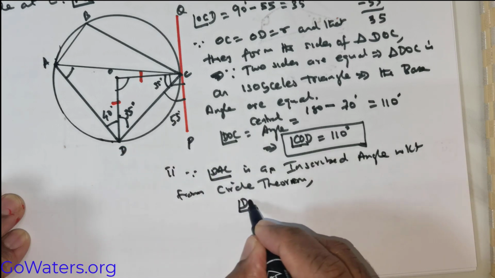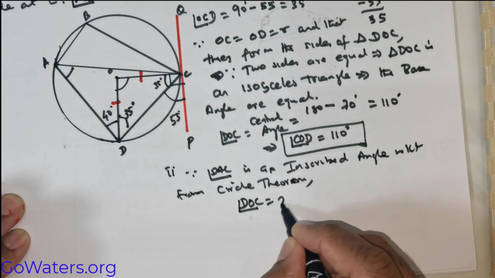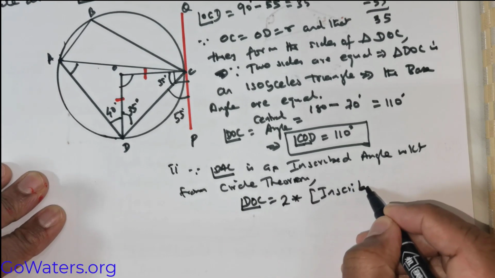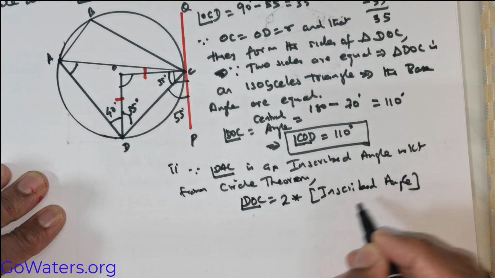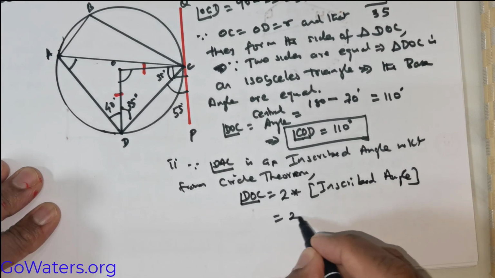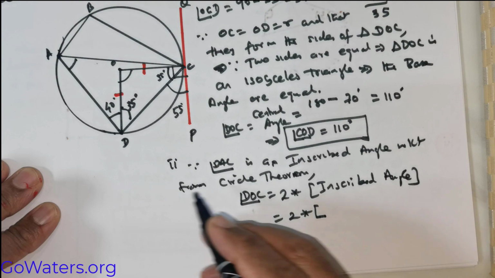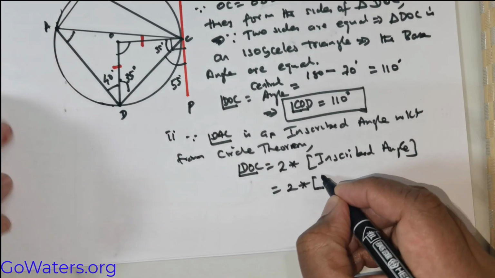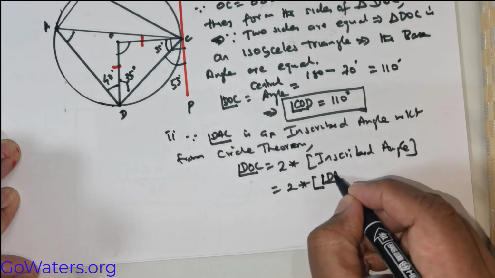From circle theorem, DOC or COD is equal to twice the inscribed angle. So this is equal to 2 times, what is it? We are expected to get DAC. So this is going to be 2 times DAC.